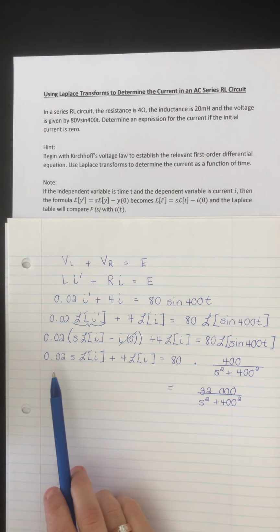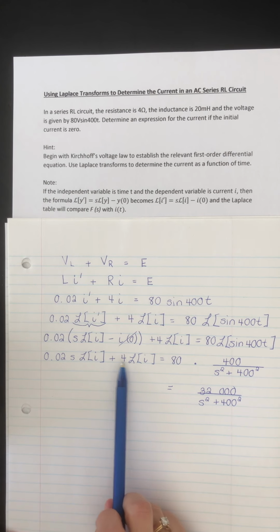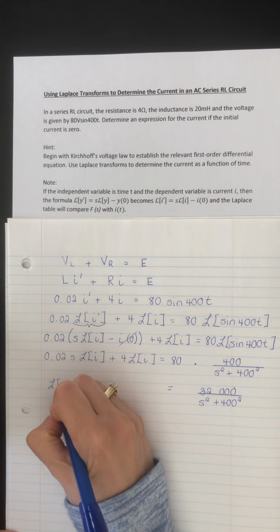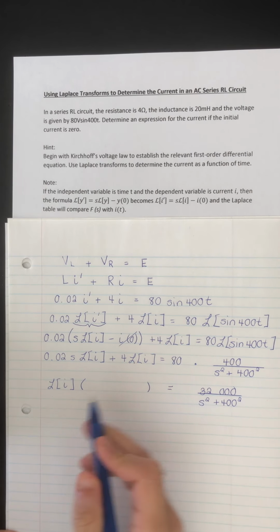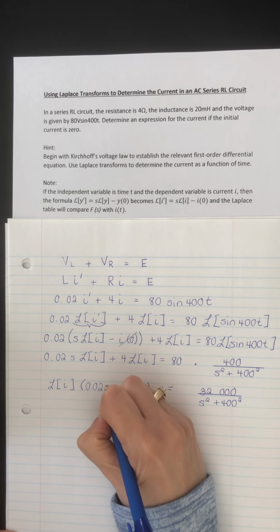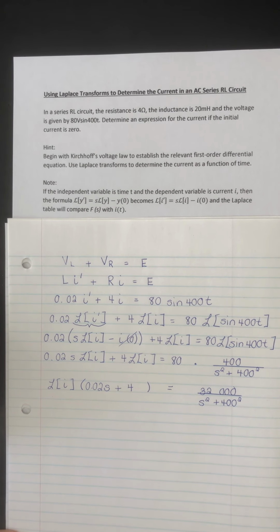All right, now remember our objective is to isolate the Laplace transform of I. So that means we common factor it from the left side, and when we do that, in our bracket we will have 20 milli times s plus 4, just like that.